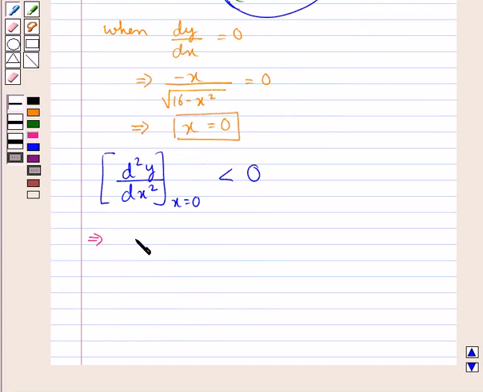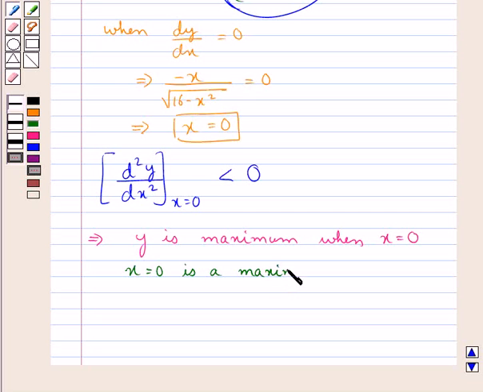So, this means that y is maximum when x is equal to 0. So we can say that x equal to 0 is a maximum point and the maximum value of y would be equal to square root of 16 minus 0, that is equal to 4.